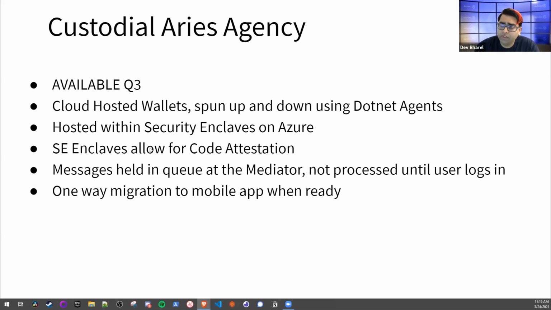As I mentioned, we're using these for a variety of purposes, one of which is our web client users, so users without mobile apps. For them, we actually queue up all of these messages on the mediator side, which means that until they actually log on, no message is being decrypted. So even though we have the messages waiting for them, they just get a notification saying, hey, you have messages waiting.